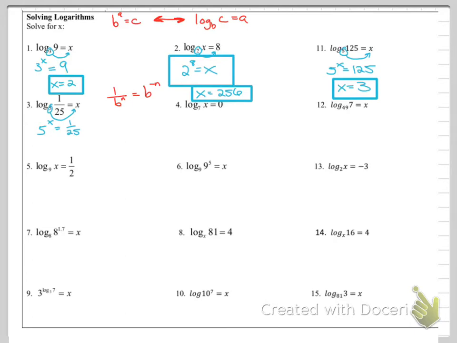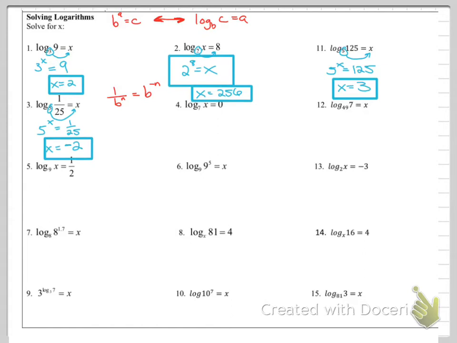So negative exponents put it on the bottom of a fraction. So 5 to what power is going to make 1 over 25? Well, 5 squared makes 25, but if I want it to be 1 over 25, I need a negative. Negative 2 is the answer.